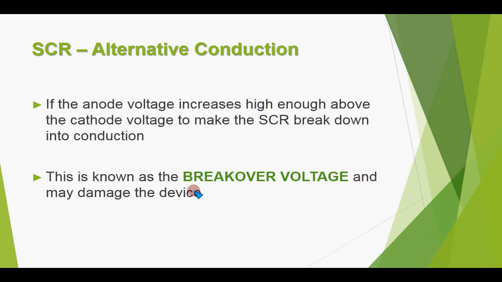If the anode voltage increases high enough above the cathode voltage to make the SCR break down into conduction, this would cause the breakover voltage and may damage the device. It is a very important feature that we have to remain in the lower limit than the breakover voltage.